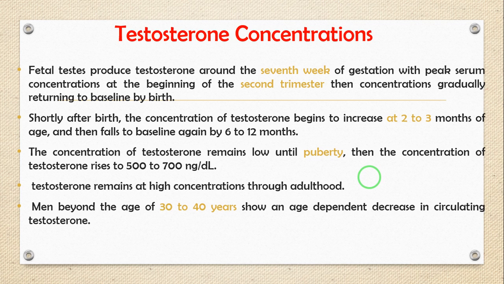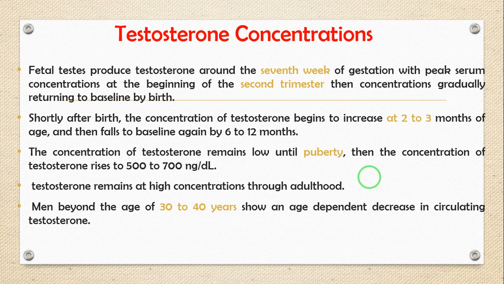Between the first year of life and puberty, during childhood, the level of testosterone remains low. Then at puberty, there is a very marked increase in the concentration of testosterone. Then it remains high from puberty throughout adult life.